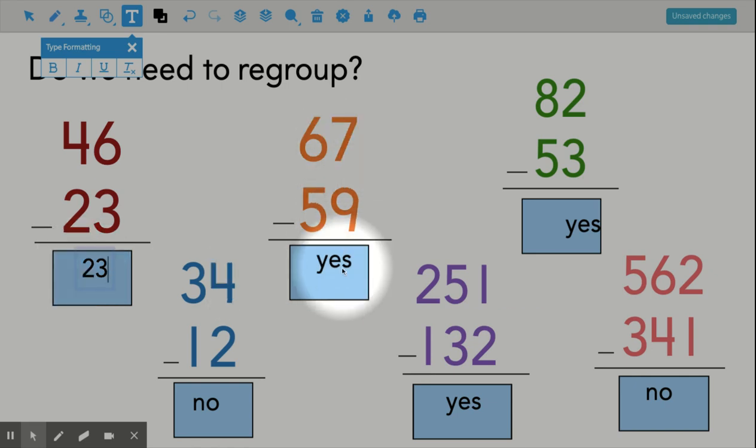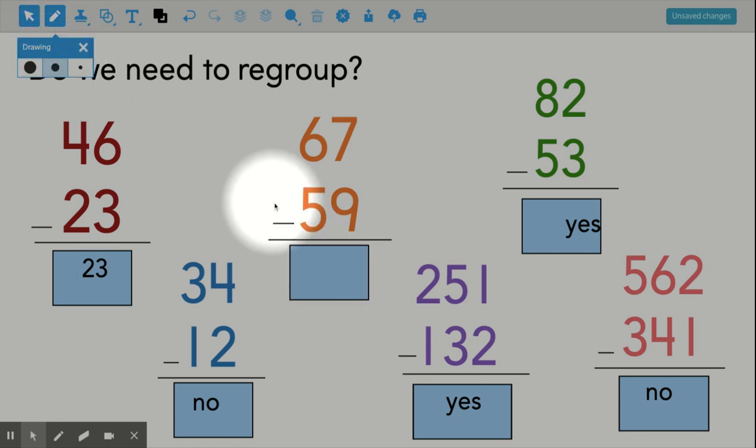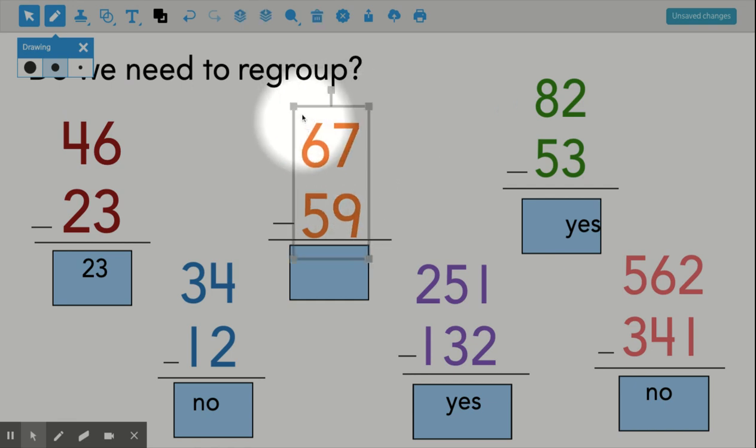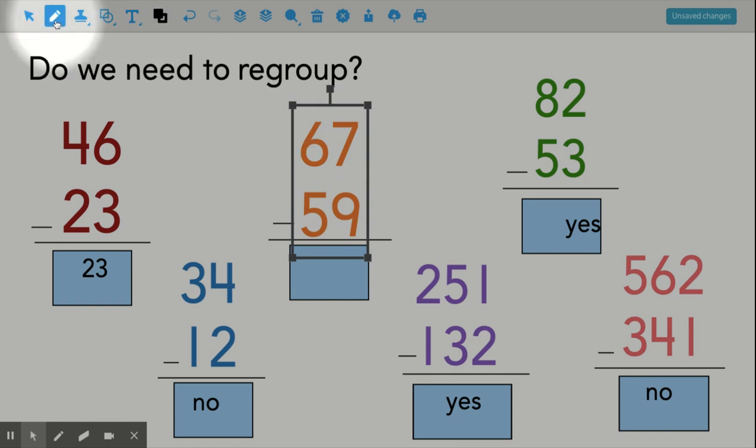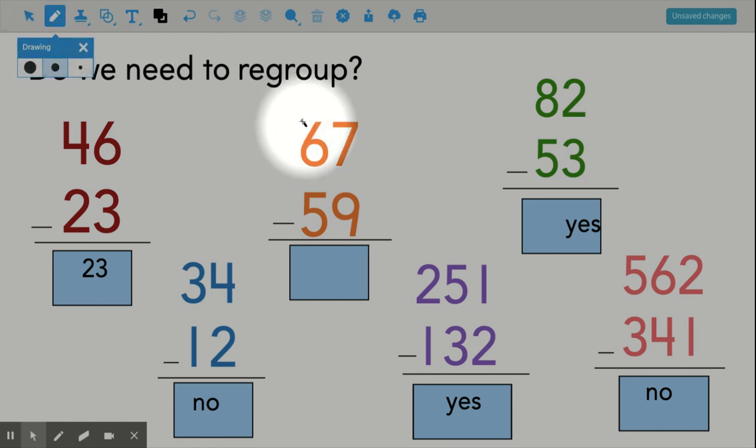Over here, though, I do need to borrow. So I'm going to get my pen here. And actually, first thing I need to do is get rid of that. Now I've got my pen. So 7 take away 9. I need to borrow from next door. So what I'm going to do, oh, come on, pen, do your job. There we go. I'm going to be borrowing from next door.